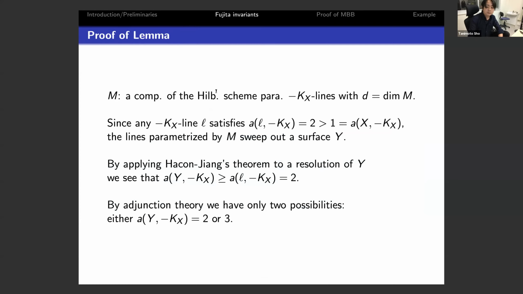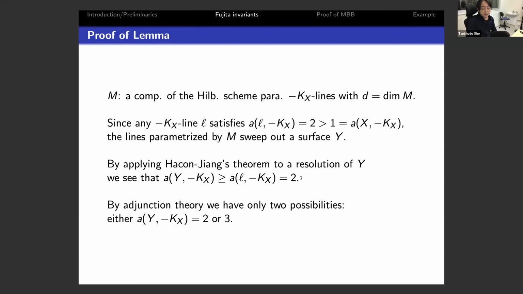Let M be a component of the Hilbert scheme parameterizing minus KX lines, with dimension given by d. We are assuming that d is strictly greater than 1. Since for a minus KX line the A invariant is 2, the lines parameterized by M sweep out a surface Y. By the Hodge conjunction theorem, if you take a resolution, one can prove that the A invariant of Y is greater than or equal to 2.